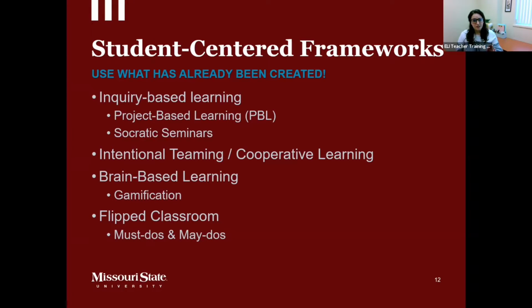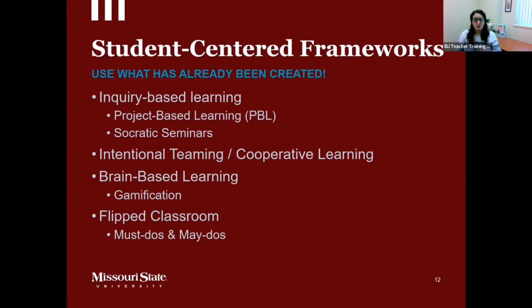Here are lots of resources and concepts you could dive into to find out how to make your classroom more student-centered. There are books and curriculums you can purchase, or even just free online resources and free online webinars about many of these topics, including inquiry learning, which includes PBL, Socratic seminars, and cooperative learning.